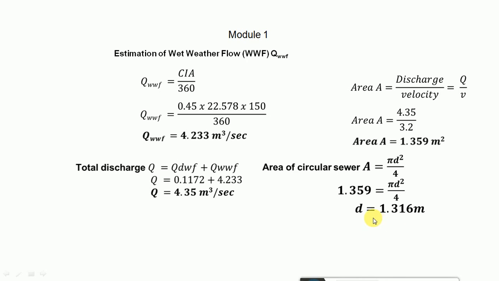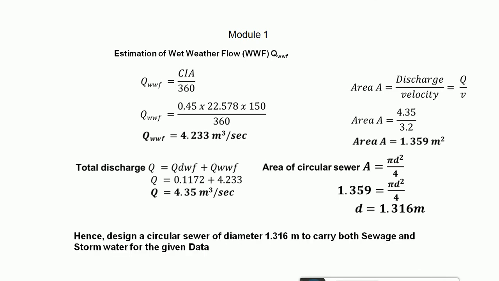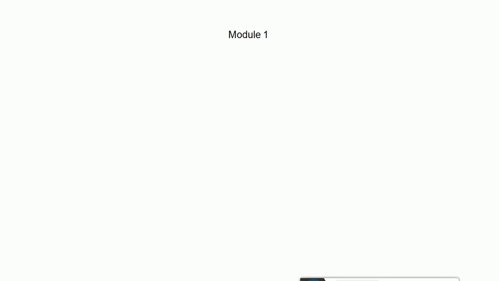This is the diameter required to carry the combined discharge of 4.35 meter cube per second with a velocity of 3.2 meter per second flowing through it. Hence we are designing a circular sewer of diameter 1.316 meter to carry both sewage and stormwater for the given data.